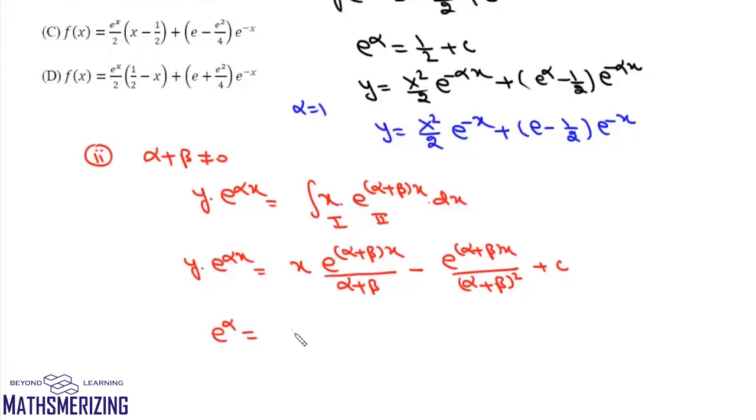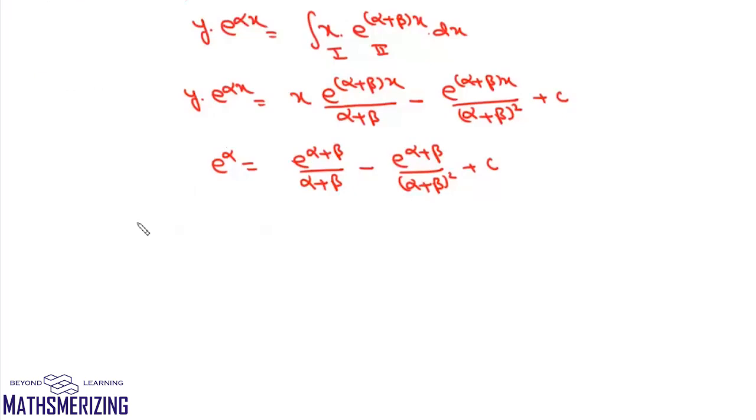We'll get e to the power alpha, and here will be e to the power alpha plus beta upon alpha plus beta, minus e to the power alpha plus beta upon alpha plus beta whole square, and plus c. Now we can put the value of c, and we can write this as y into e to the power alpha x, and here we'll take e to the power alpha plus beta x upon alpha plus beta common.